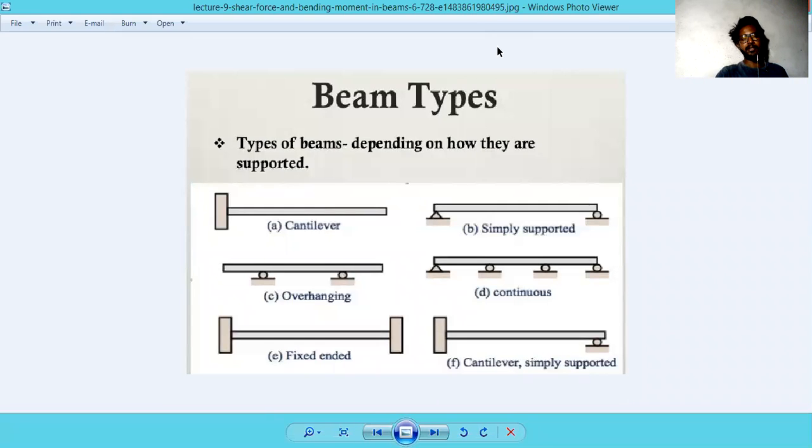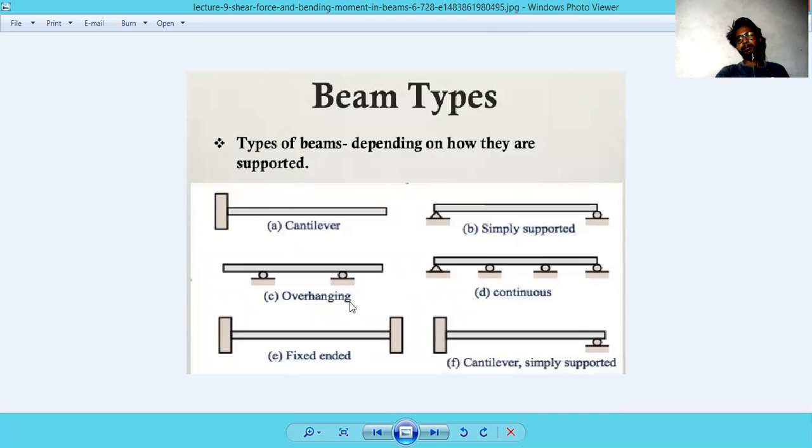This is the chart I have with me. On this chart, the first diagram is the cantilever beam. Second is the simply supported beam. Third is a simply supported beam with a cantilever on the left-hand side; it has a hinge support and a roller support. The overhanging beam has two roller supports in between.